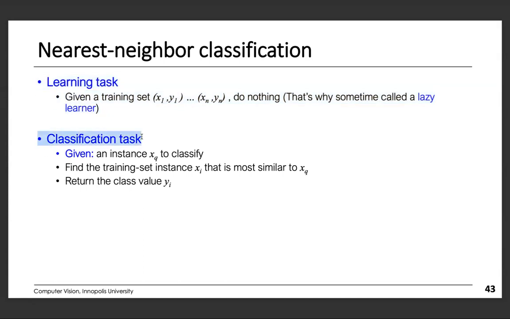All of its work will happen at classification time. So, given an instance XQ, the instance we're going to classify, we will find in the training set the instances XI that are most similar to XQ, and we will return the class value YI.